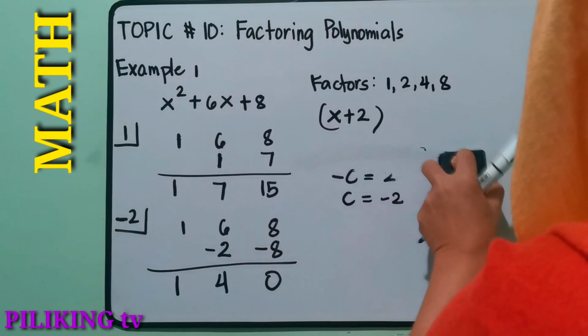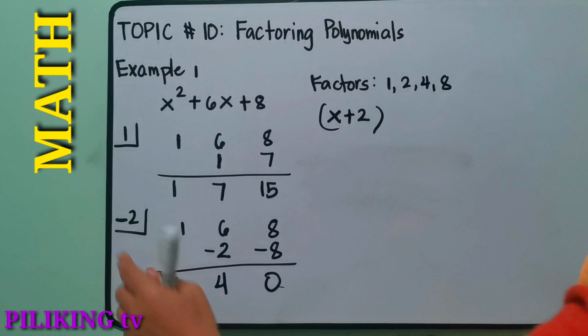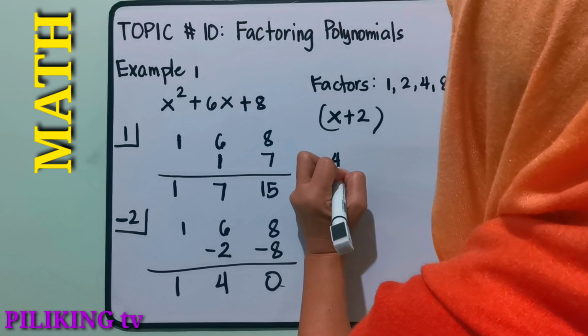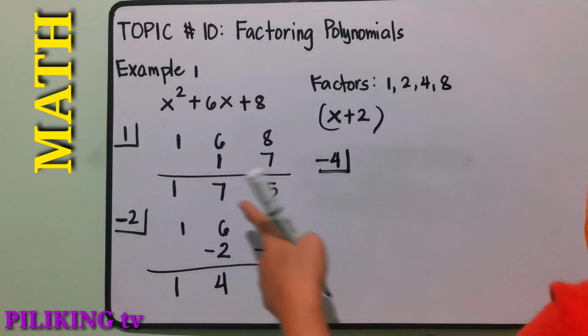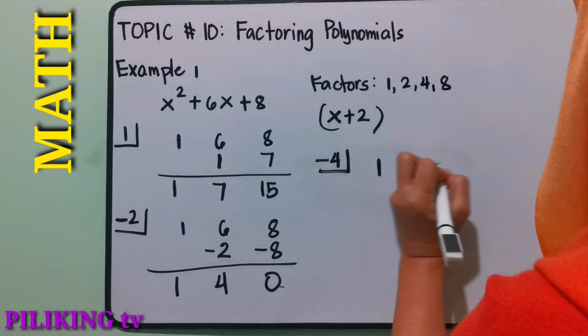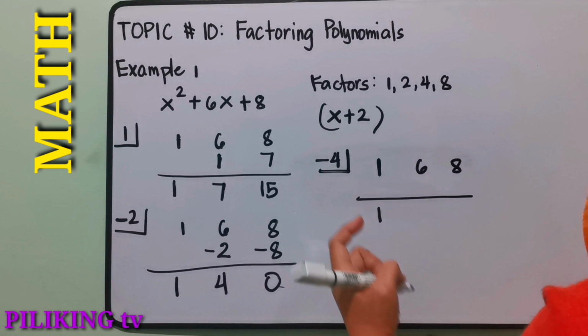Okay, so let us get the other factor. Okay, so another is, let us use negative 4 as one of the test 0. So let us write again the coefficient. So we have 1, 6, 8. Okay, bring down 1. Then you multiply 1 to negative 4.